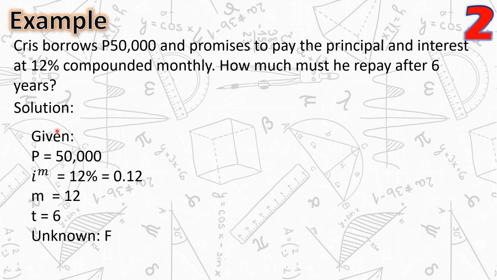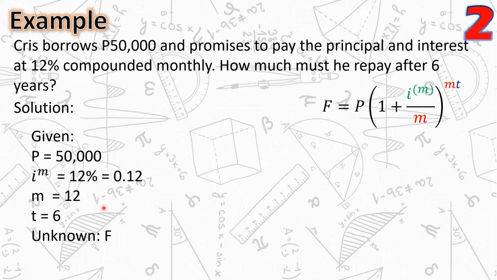Given is 50,000 pesos for the principal, 12% for the nominal rate, that will be 0.12. Frequency of conversion is 12, since it says monthly in the problem. The term is 6 years and we are required to solve for the future value.